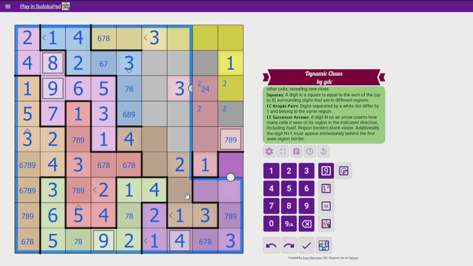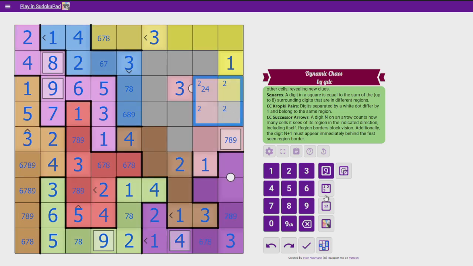No, none in there, none in there, none in there, none in there, none in there. None in here, none in here. So 4 is also in here. The 2 4s also form an X-wing in there. So these squares are all from 2 and 4, actually. Which means something, for sure.